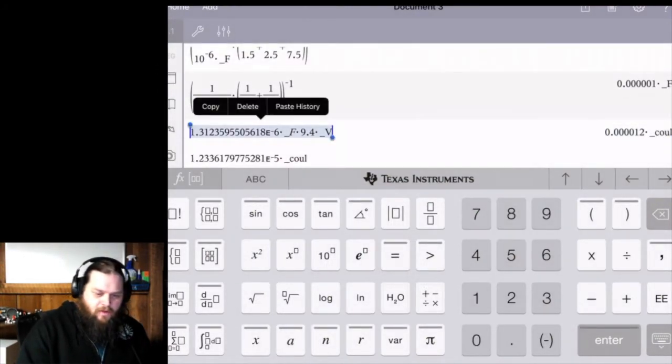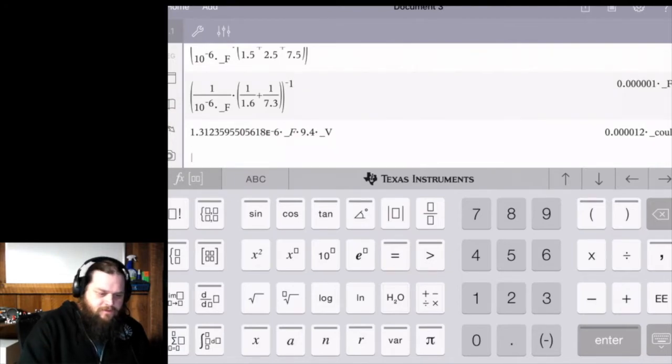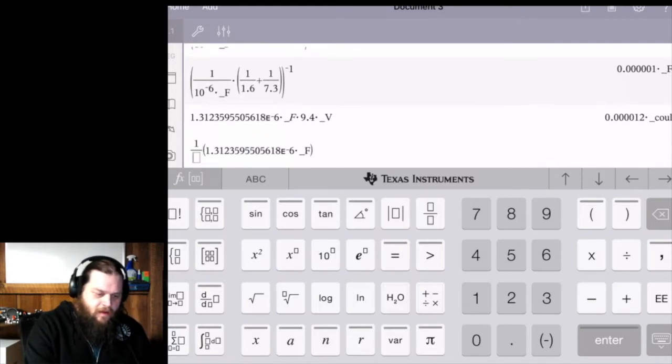Going back to our capacitance, we multiply that by 1/2 times our voltage, 9.4, squared, volts squared.